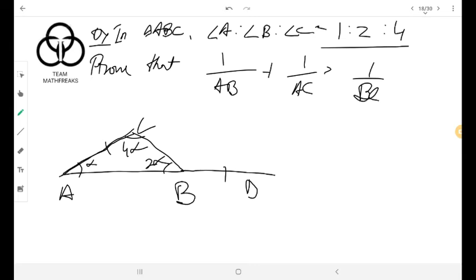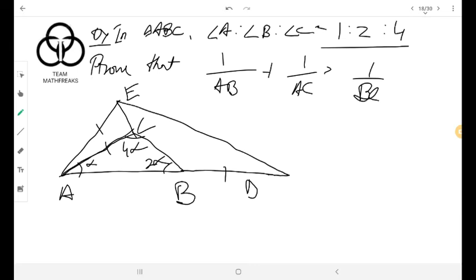And one more hint I can give you is that extend BC to some point E such that AC equals AE, and join them. Now the problem is solved.